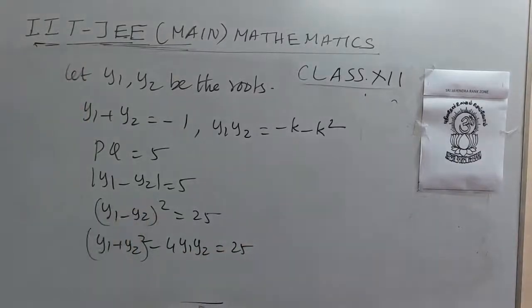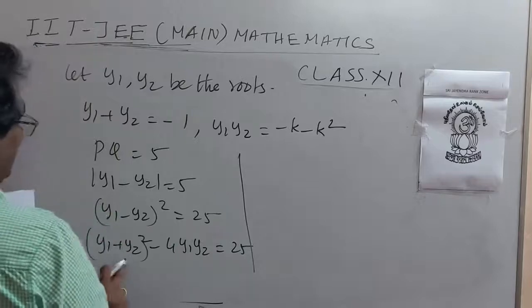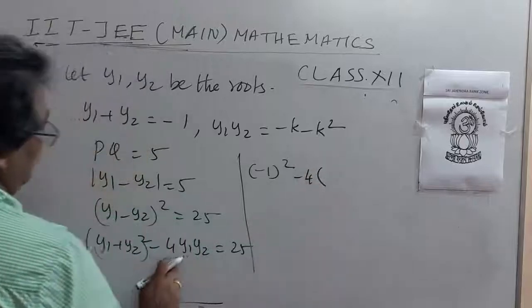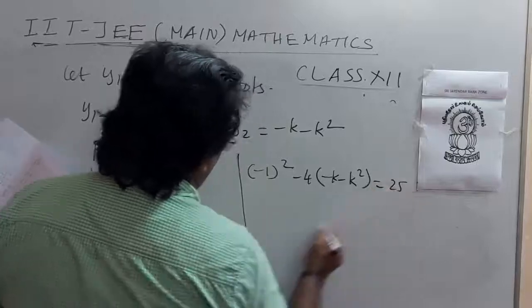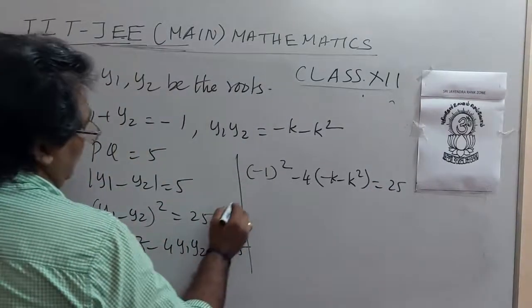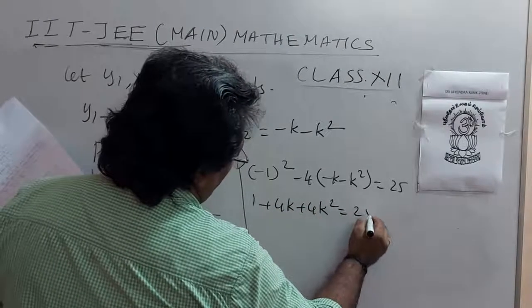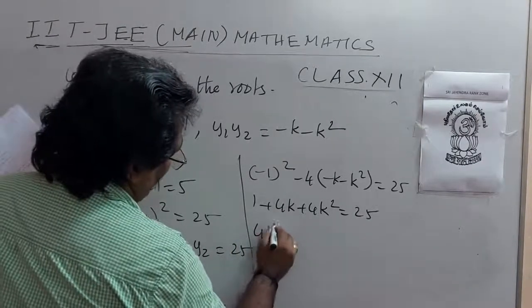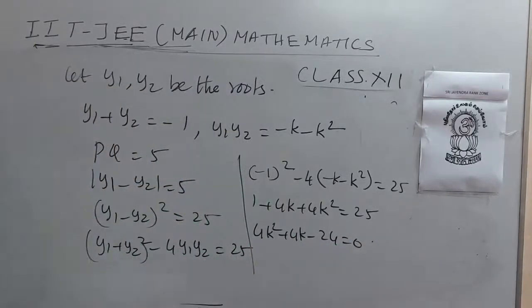(a minus b) whole squared equals (a plus b) whole squared minus 4ab. So in place of y1 plus y2 you can write minus 1, that is (minus 1) whole squared, minus 4 into y1 y2, that is minus k squared, equal to 25. 1 plus 4k squared equal to 25, so 4k squared minus 24 equal to 0.